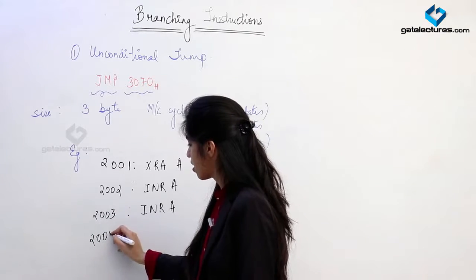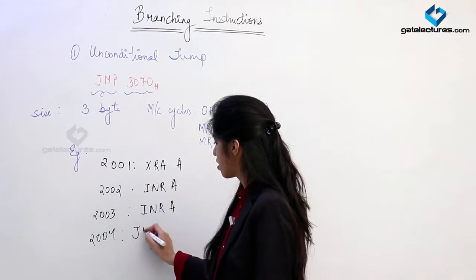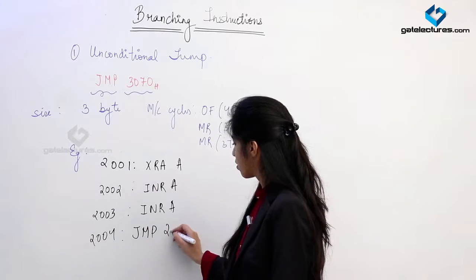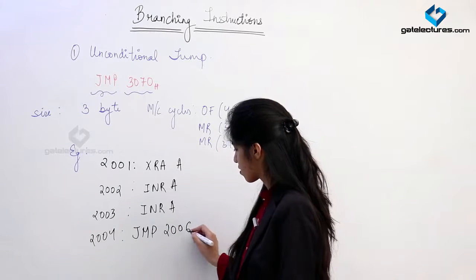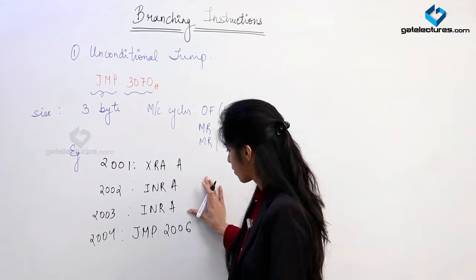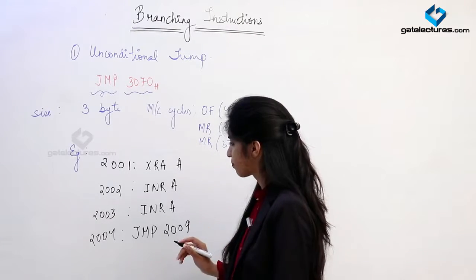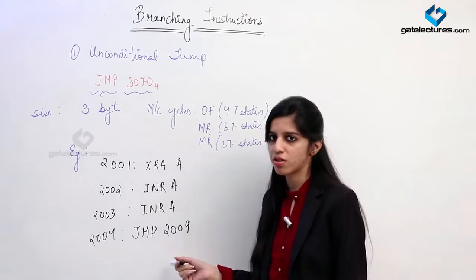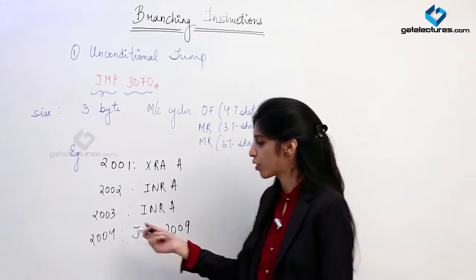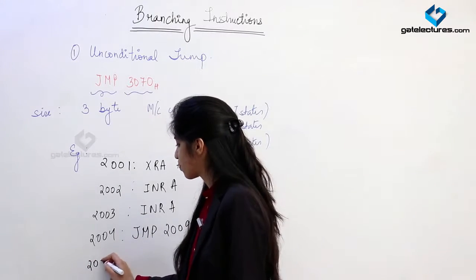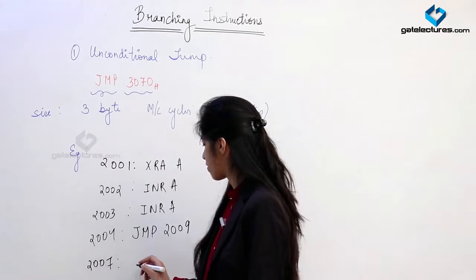Next memory location had an instruction JMP 2009. Not 2006, let us say 2009. Now this is a 3-byte long instruction, so the next instruction is going to be saved at memory location 2007.